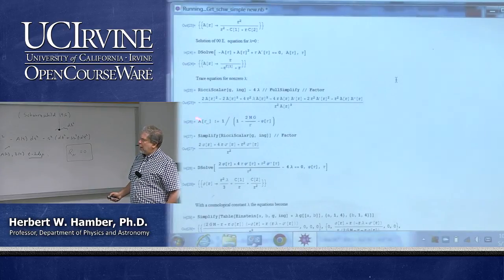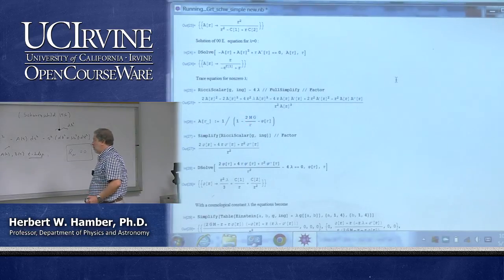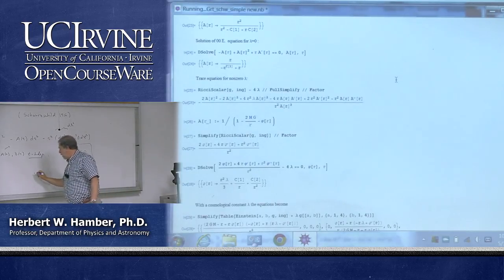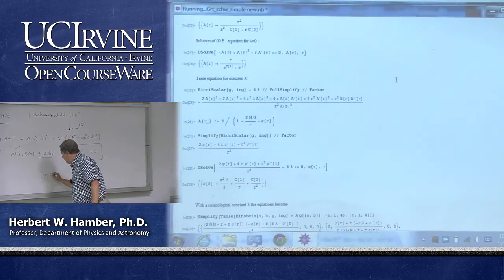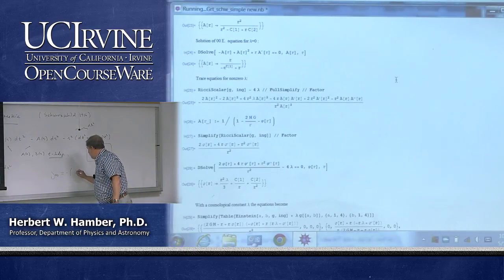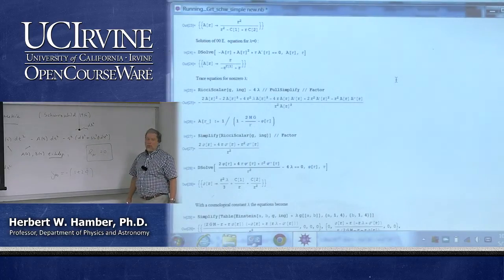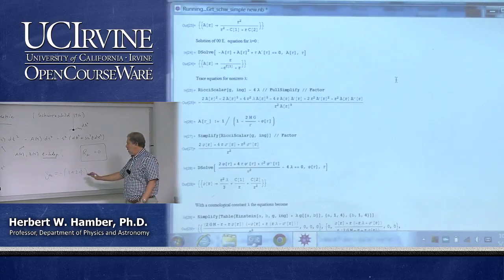We're going to write it as 1 minus 2 mg over r. Now you do remember that we know that g_00 is equal to minus 1 plus 2 phi in the weak field limit, where phi is the Newtonian potential. So if we have a point source at the origin, then this has to match up with whatever we have there.